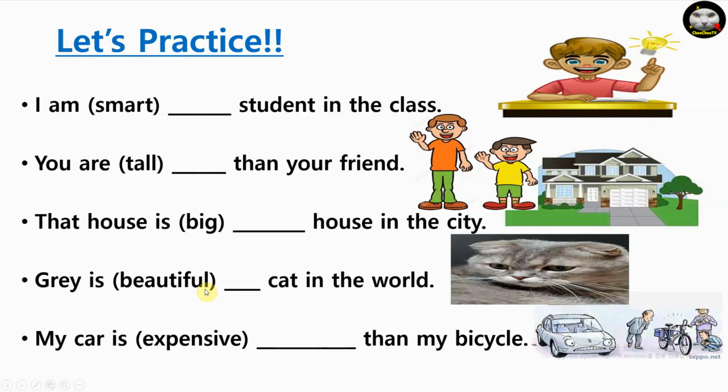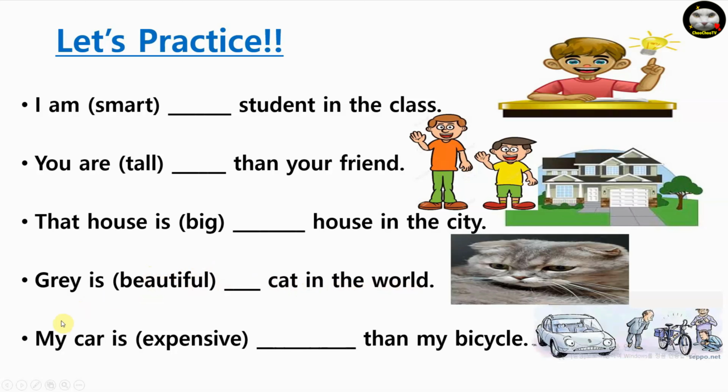Beautiful. Do you remember how many syllables? Beautiful is a 3-syllable adjective. So this means it's going to follow rule number 2, and we're going to add a word before it and not change the spelling. So Gray is the most beautiful cat in the world. Again, Gray is the most beautiful cat in the world.